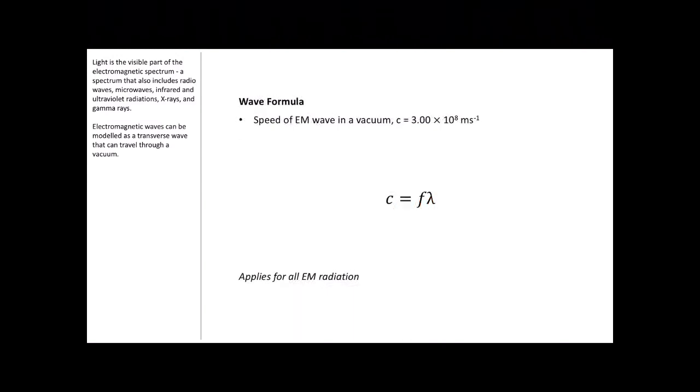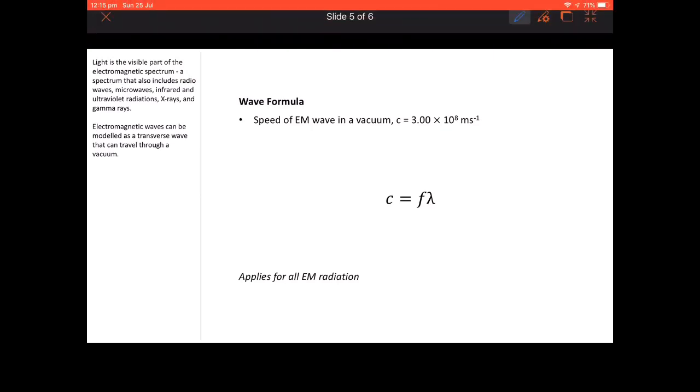So to reiterate, with our wave formula, the speed of any electromagnetic wave is going to be equal to c, or 3.0 by 10 to the 8 meters per second. Hopefully you can see that this rule here is simply just the wave formula, and we've just subbed in c for v, the wave speed. c is measured in meters per second.